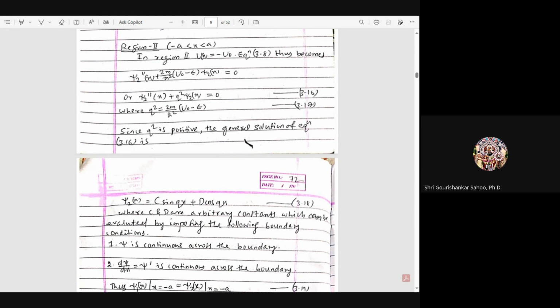Similarly, you can write psi 2 double dash plus q square psi 2 is equal to 0, where q square is equal to twice m by h cross square times (u0 minus epsilon).